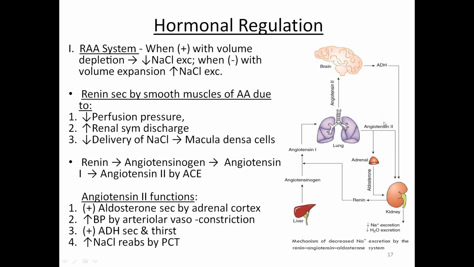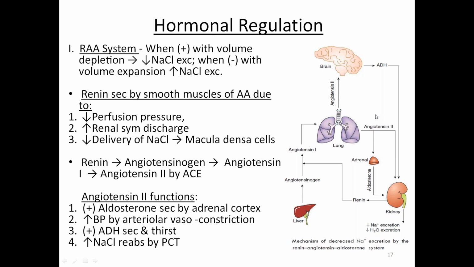So what does this do? Angiotensin 2 will stimulate aldosterone secretion by the adrenal cortex. That is the first thing it will do. Then it will increase blood pressure by arteriolar vasoconstriction. That is the second thing.